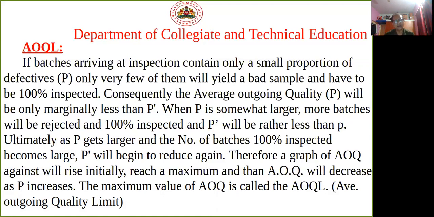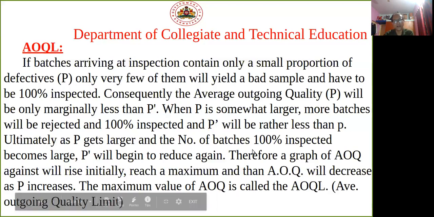It means that AOQL, the average outgoing quality level, after the inspections will be a very small amount, and this small amount will be tolerated by the consumer. The bad products have to be inspected. That is called 100% inspection.